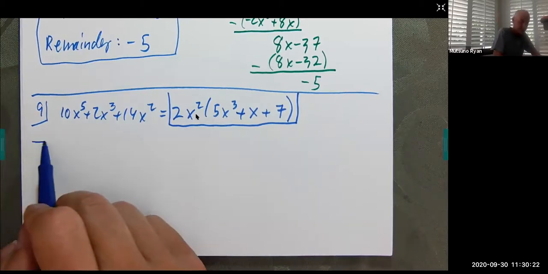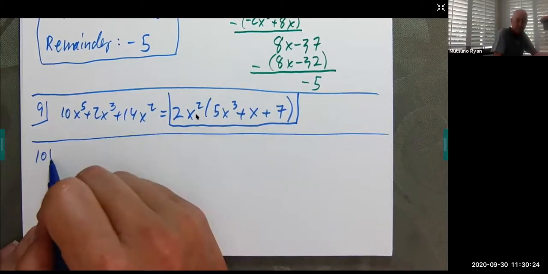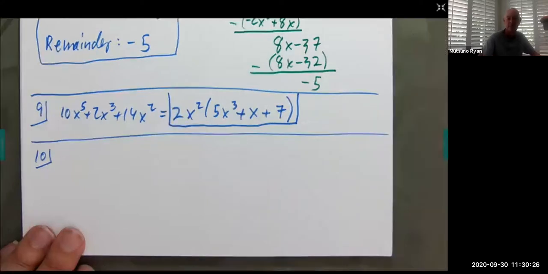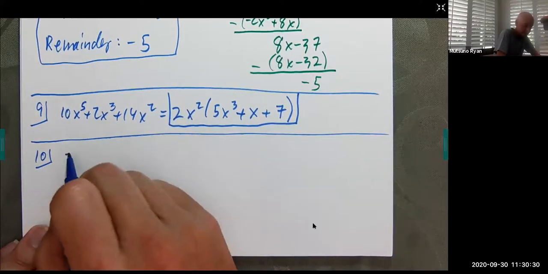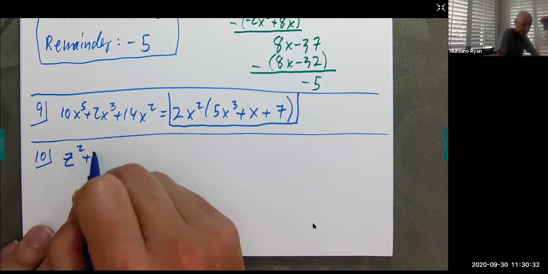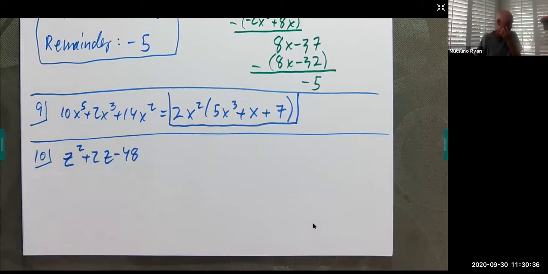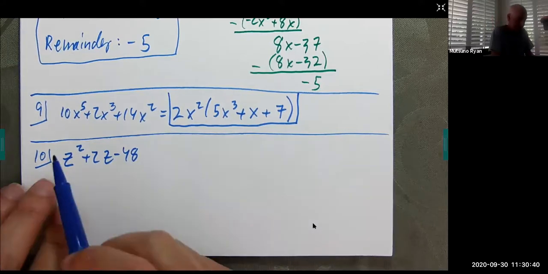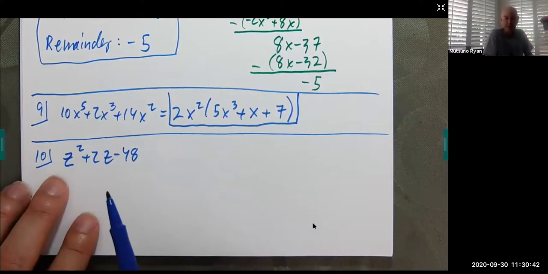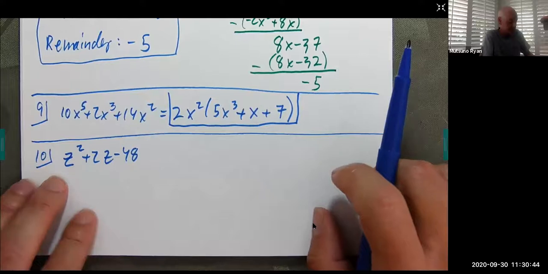Number 10. We're asked to factor completely. Now, you can see those are the coefficients. These are the numbers that are in front of the letters, or the variables.